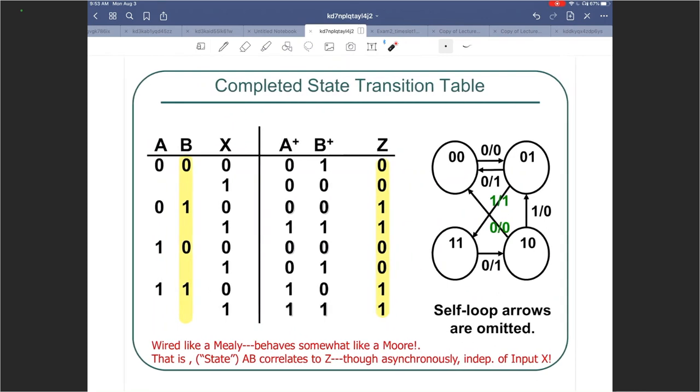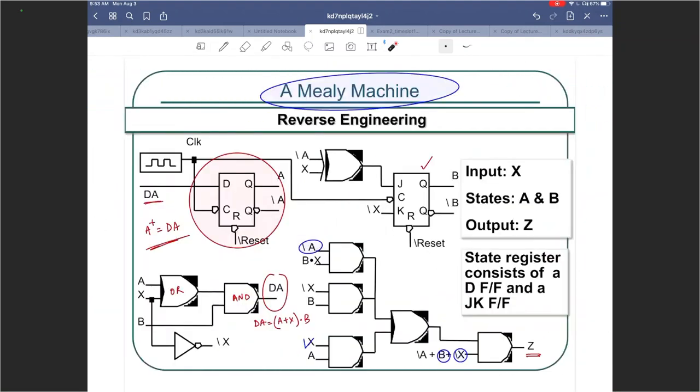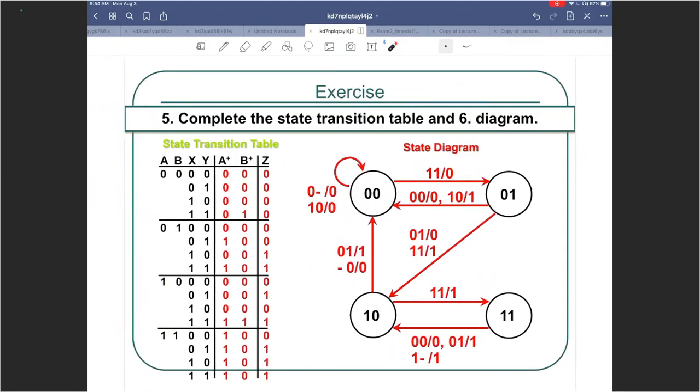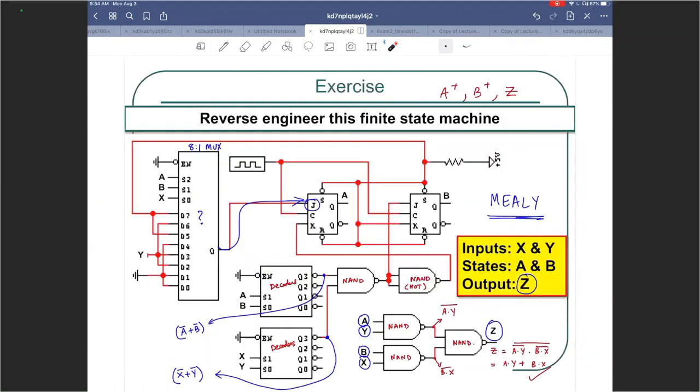We have a few more minutes left. So let's actually do this exercise. Well, let me poll you guys. Do you want to spend time on this particular reverse engineering problem or the other one? Mux based or the simple one?